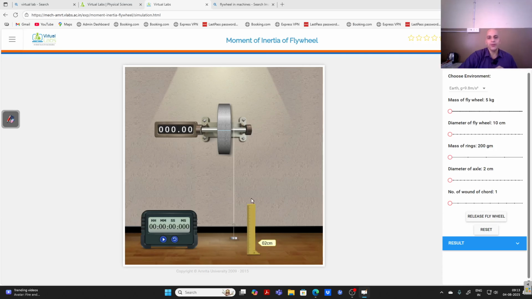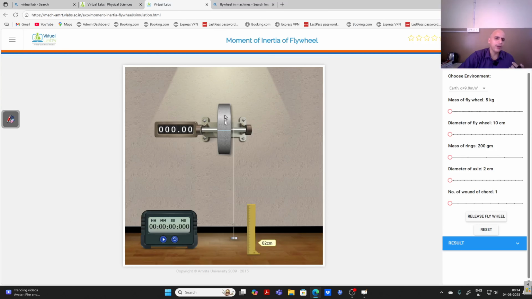So what you will do is take a string and fasten it; you will be given a hole here on this axle. First of all, you have to find the diameter of the axle by using a vernier caliper.